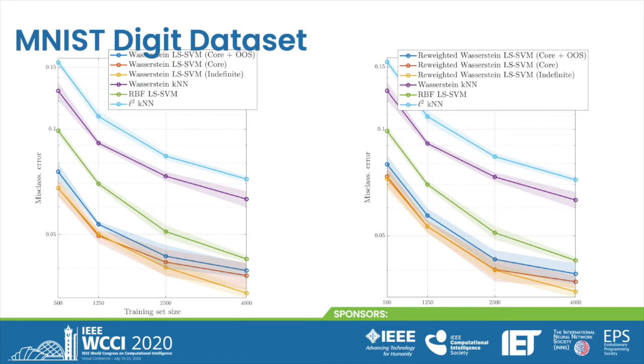This means that suppressing the negative eigenvalues at first doesn't have a lot of influence, but as the dimension of the training set augments, and thus the amount of information, these negative eigenvalues still seem to add some additional information. You can also see that the reweighted Wasserstein kernel and its non-reweighted version perform in a very similar way.